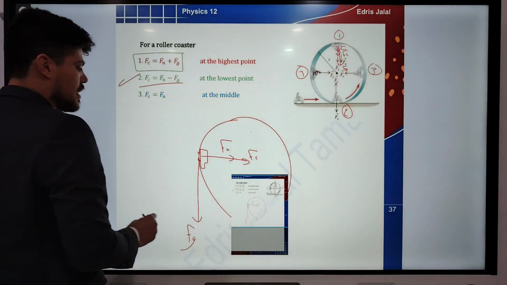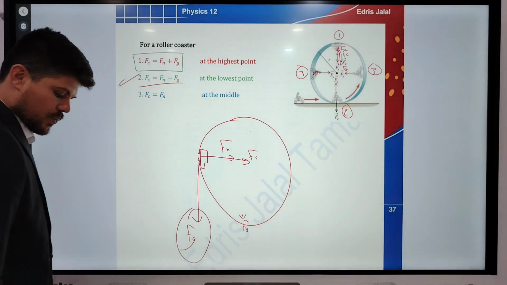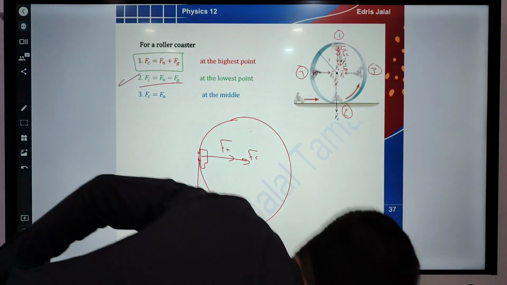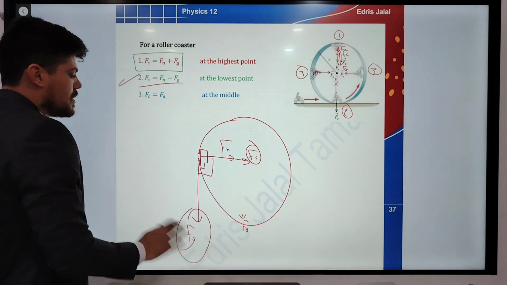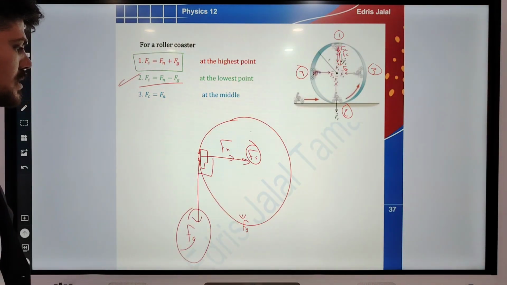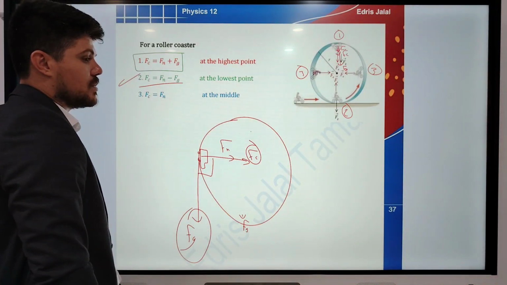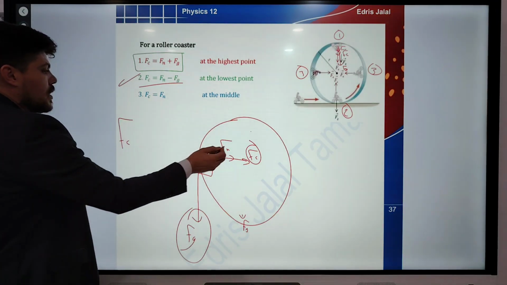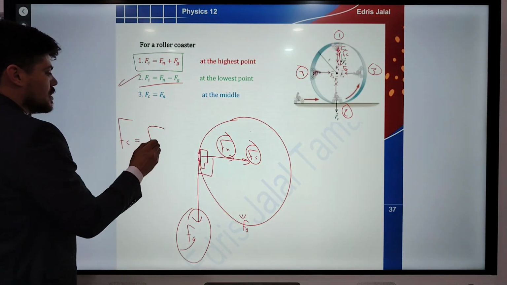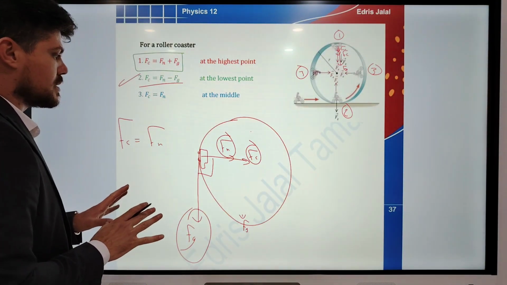So it is not allowed to count Fg. Why? Because Fg is perpendicular to the centripetal force. A perpendicular force or vector cannot be counted to calculate the centripetal force. So only the normal force provides the centripetal force. Be careful. This is very important, please.